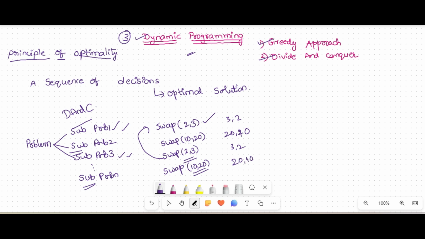So what is happening in dynamic programming? That's why it is called dynamic. It will not calculate again and again if you already have that problem's solution, and the solutions are stored for future use.